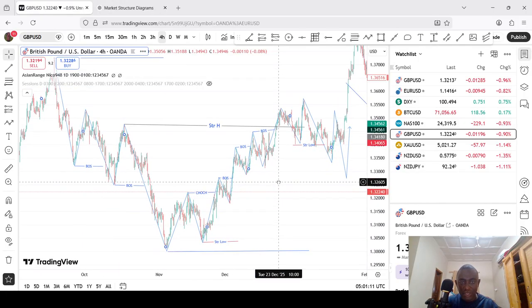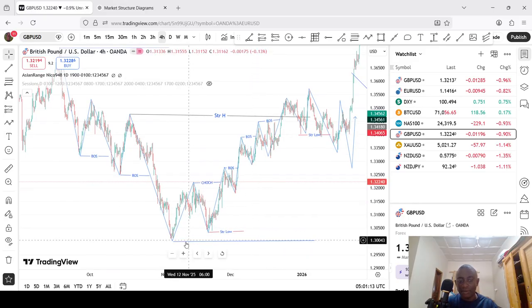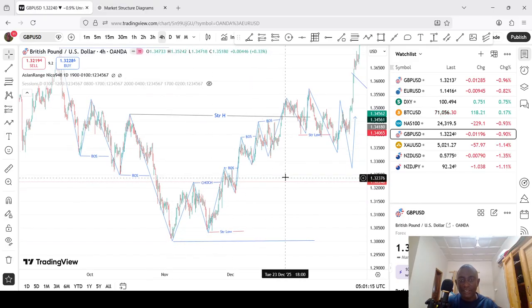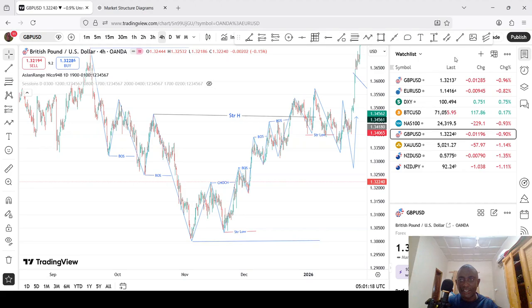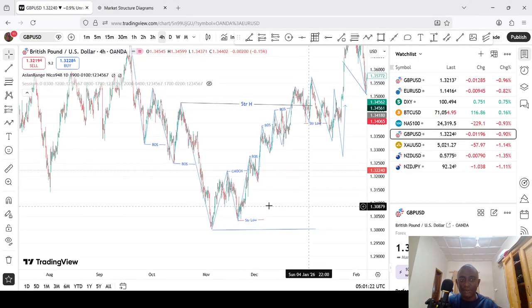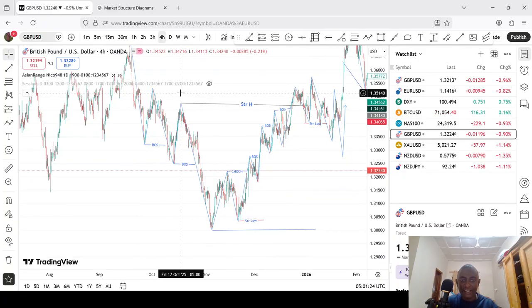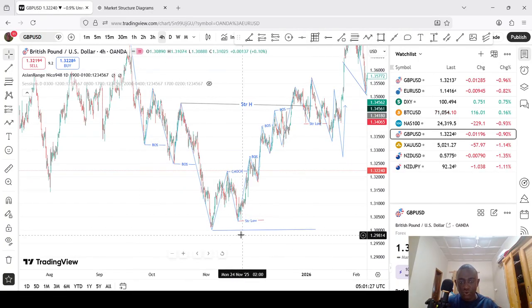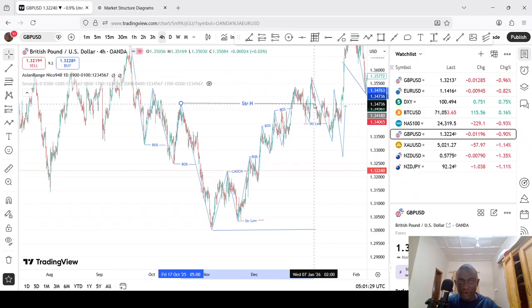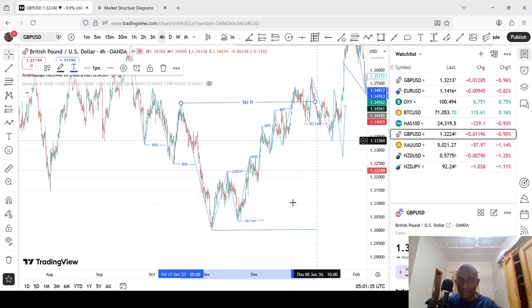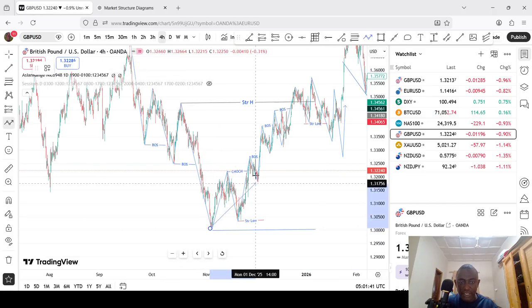So in the smaller picture, when price was coming and got here, many traders, because they were looking in the downtrend, price was coming like this. Around this zone, many traders, from the higher time frame perspective, were expecting price to at least move from here.